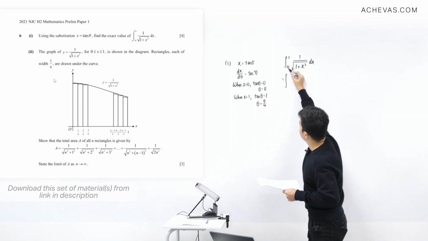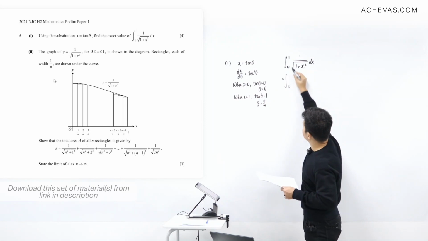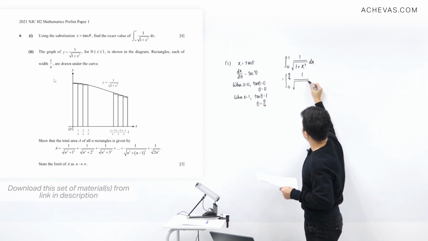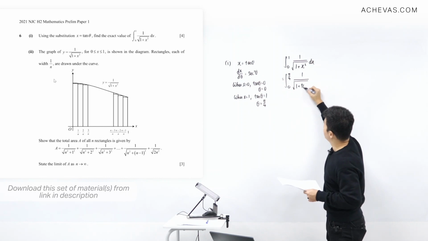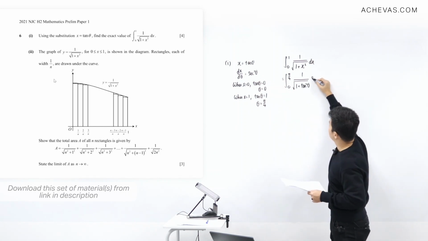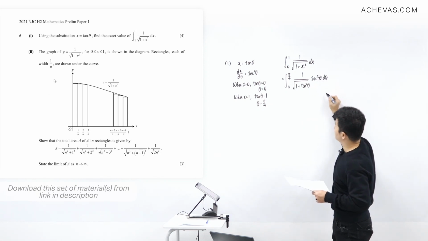So this can now be rewritten. 0 is going to be replaced by 0, and 1 is going to be replaced by pi over 4. And this is 1 over square root of 1 plus x squared, which is going to be tangent square theta. Dx is going to be replaced by secant square theta d theta.